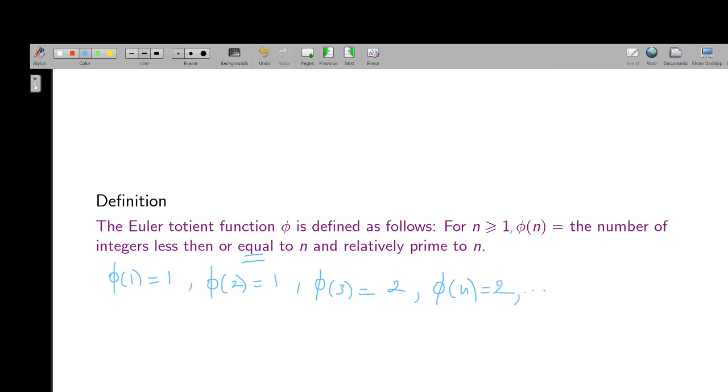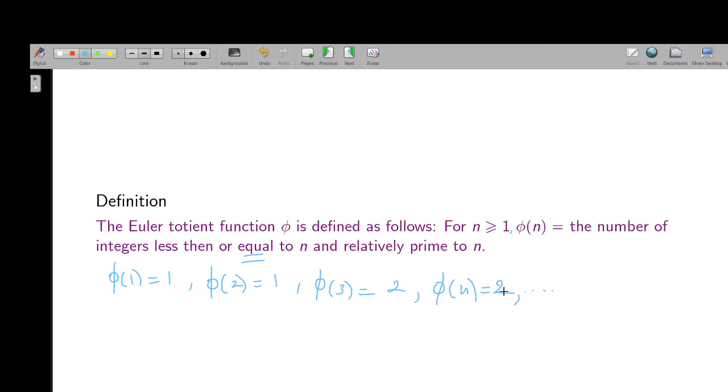I think all of you are familiar with the formula for the Euler-Totient function, but we will still prove it, and I think the proof we will be giving in this course will be slightly different from the proof which you have seen in combinatorics. If I'm not mistaken, I proved this theorem in combinatorics.